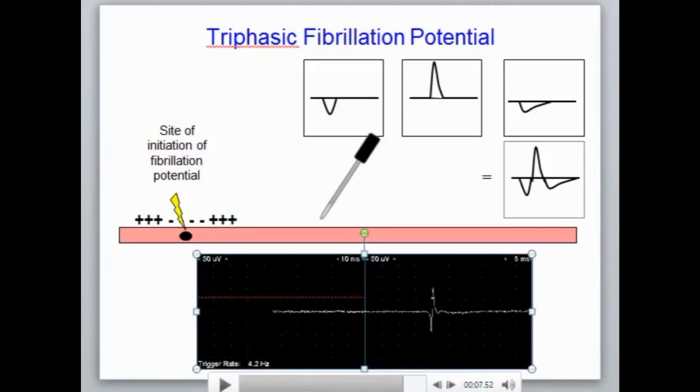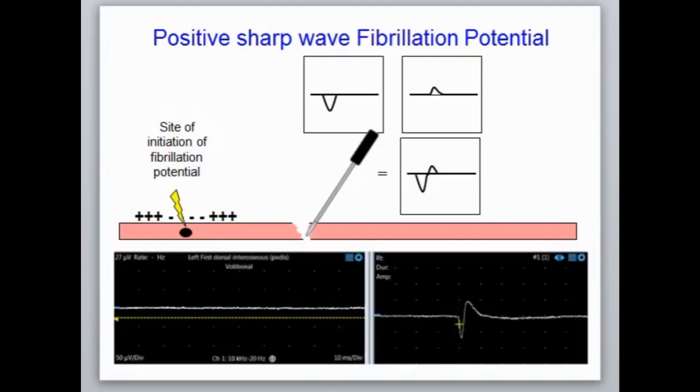Now, in a different situation where the needle electrode has either damaged the muscle fiber, compressed it, or the fiber has been damaged by disease, if that same action potential that's initiating right here propagates towards the needle electrode, it can't propagate past it.